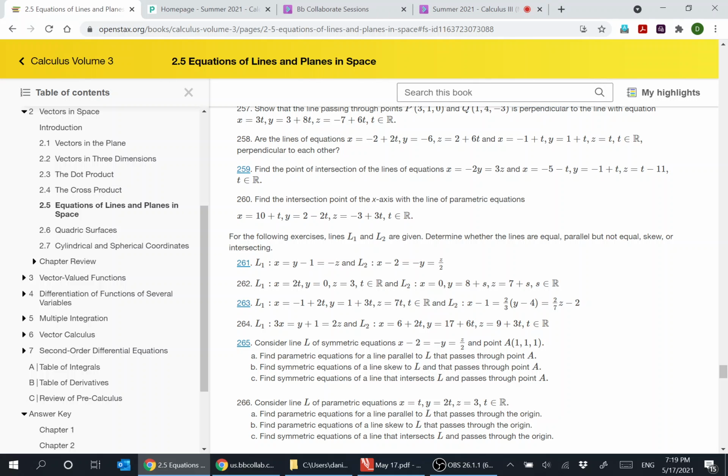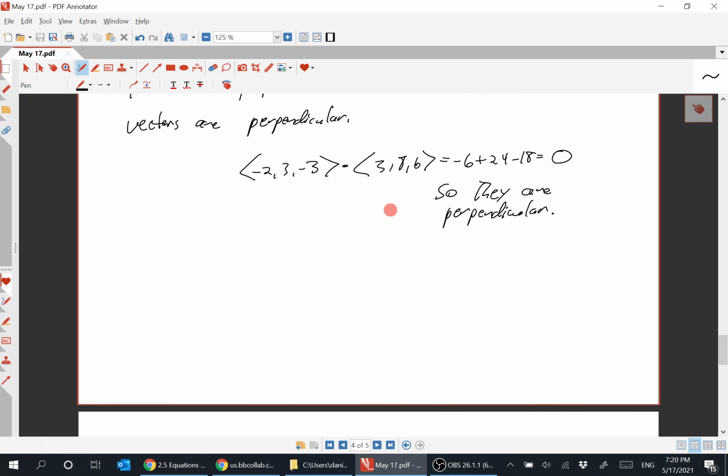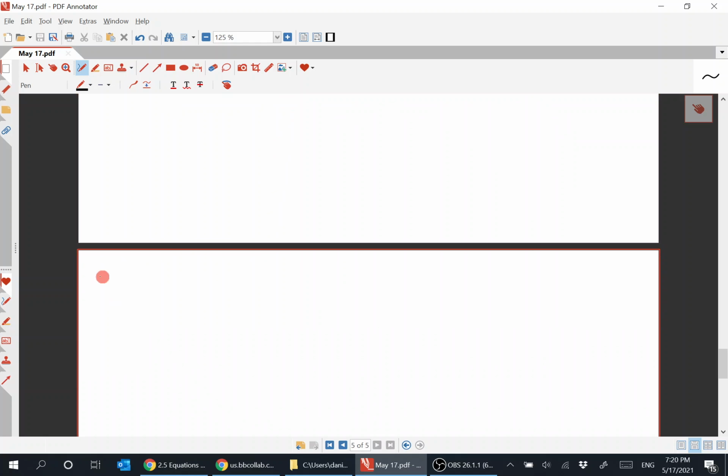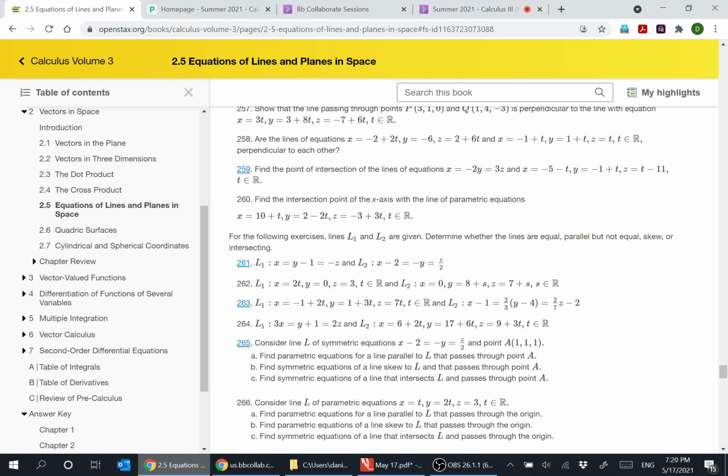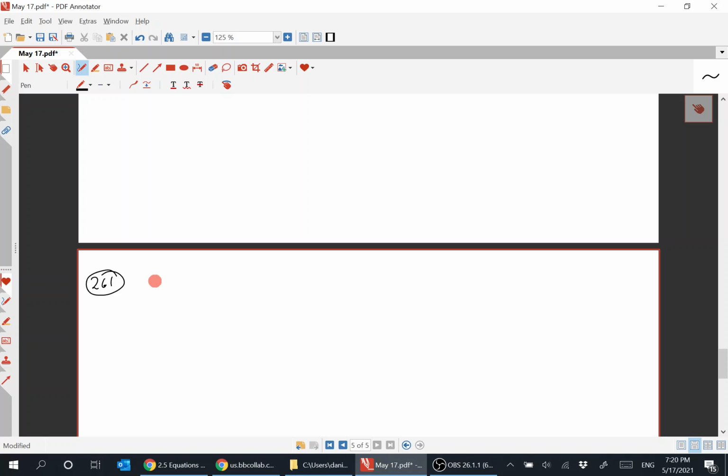So L1. Oh, they gave you the symmetric equation. So I mean, it's just annoying. So I'll show you what it means. You have L1, you get this x.